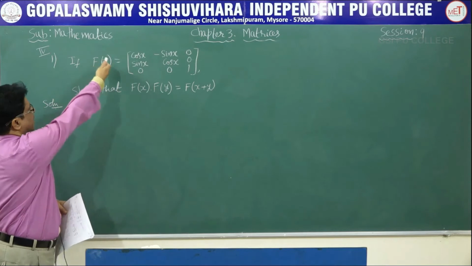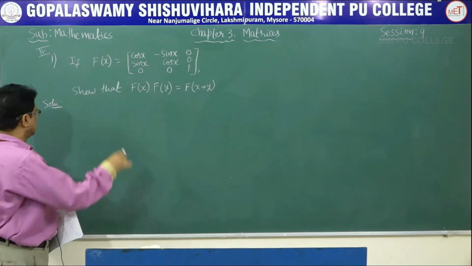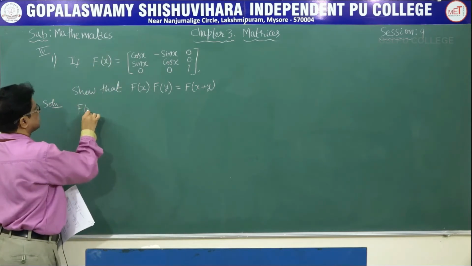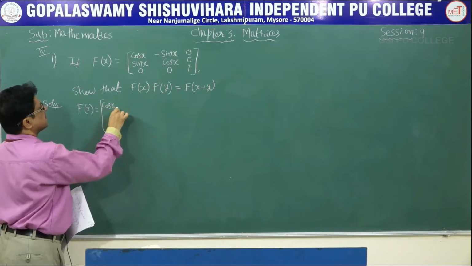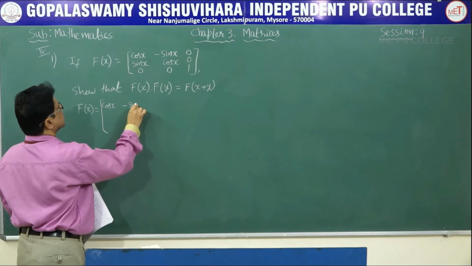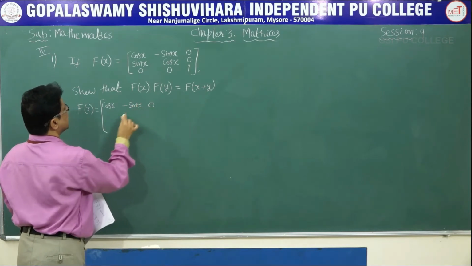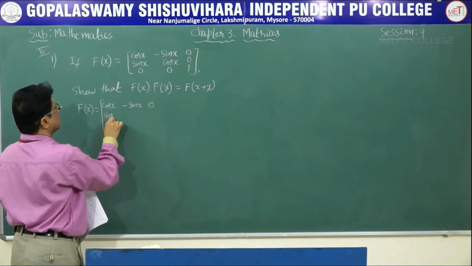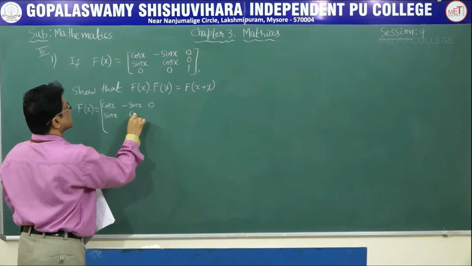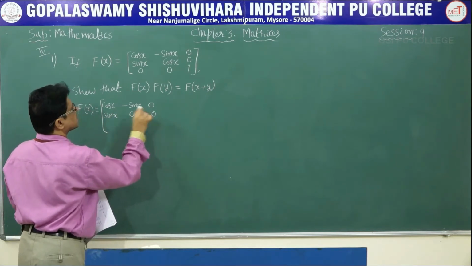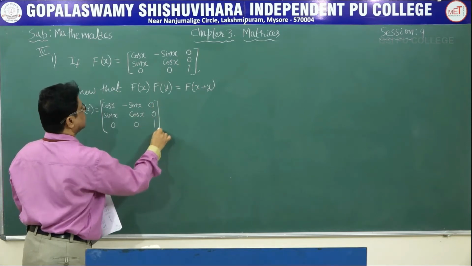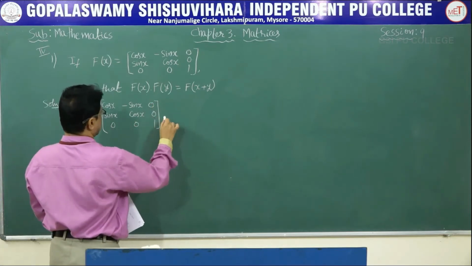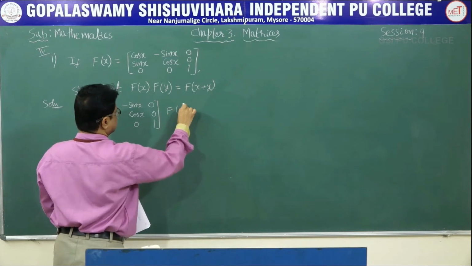So what is the given? F of x is given. F of x is nothing but cos x minus sin x 0, sin x cos x 0, 0, 0, 1. What is f of y?